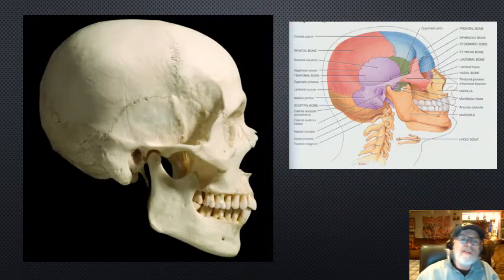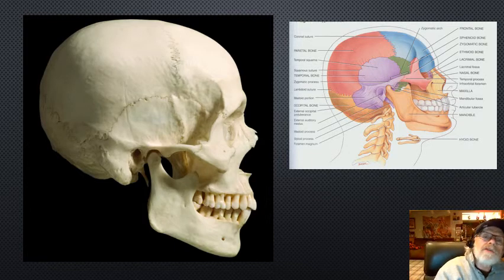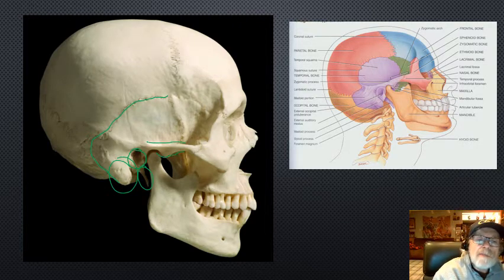Let's look at it from the outside. And this is, again, just looking at a more regular skull. And here's my temporal bone. It's coming down here. Here's the mastoid process right there, the external acoustic meatus. Here's the styloid process sitting down in there. Here's the zygomatic process of the temporal bone.